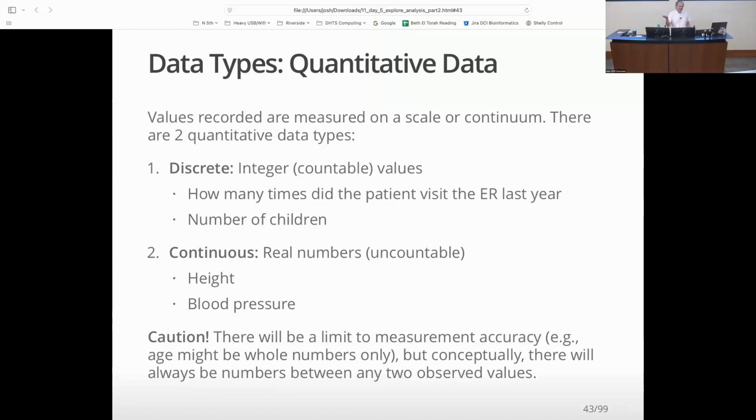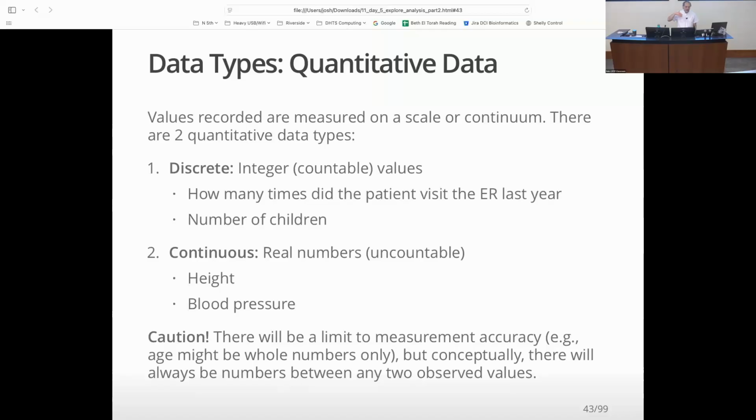It depends on how old the kid is, how many significant digits they give you. But technically, a person's age is measurable in fractions of a second, or in milliseconds, or in picoseconds. We usually don't measure it that way, but in theory it is measurable to an infinite number of significant digits.